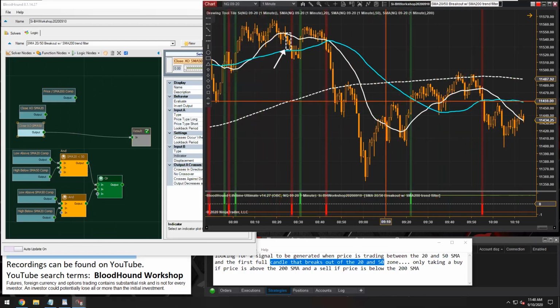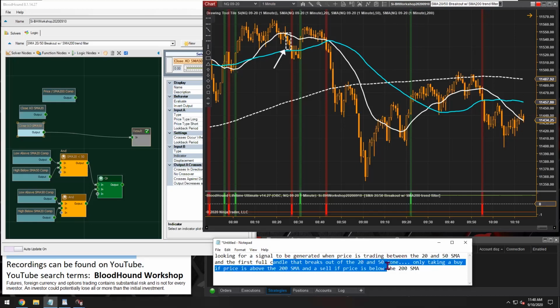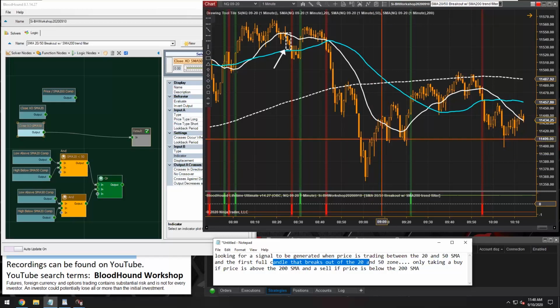Now, these rules here say whenever the candle breaks out of the 20 or the 50 zone. So we don't know which way it's going to cross out.